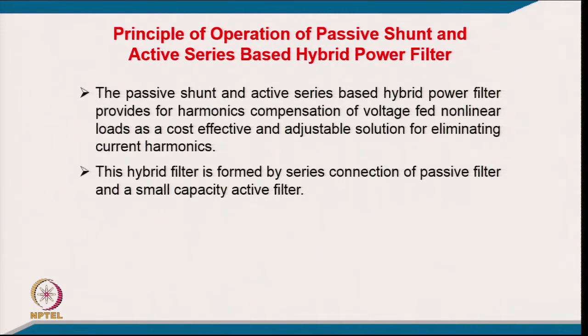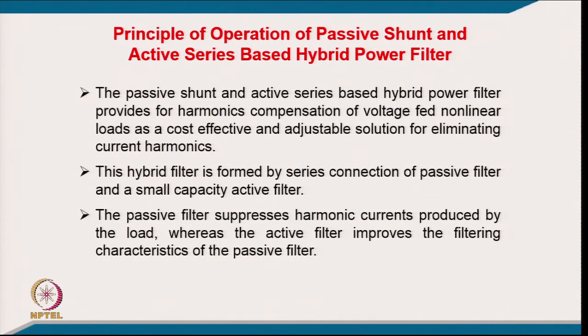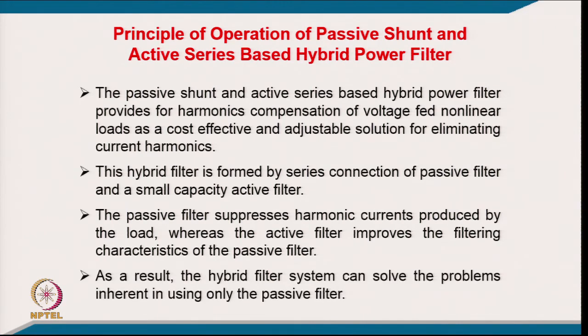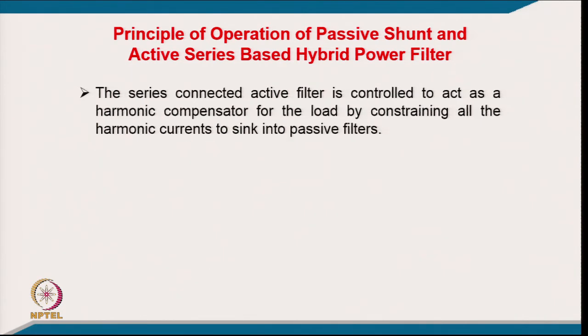This hybrid filter is formed by series connection of a passive shunt and a small capacity active filter. The passive filter suppresses harmonic current produced by the load, whereas the active filter improves the filtering characteristic of the passive filter. As a result, the hybrid filter system can solve the problems inherent in using only the passive filter.